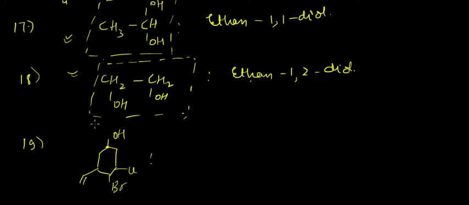Okay, if we start the numbering from this side, then we will find something like 1, 2, 3, 4 and 5 here. And if we start the numbering from this side, we would have something like 1, 2, 3, again 4, 5 and 6.